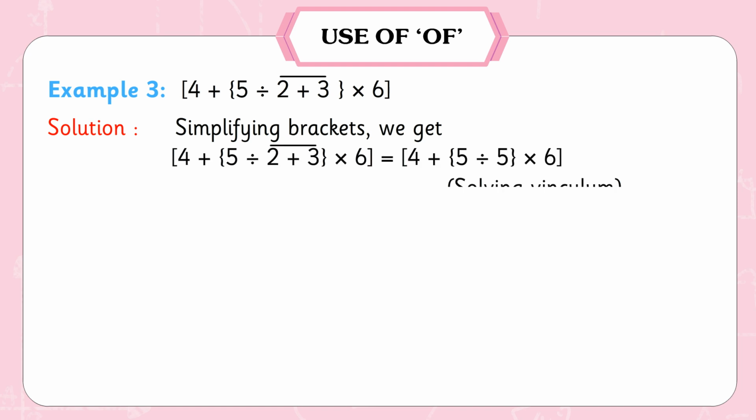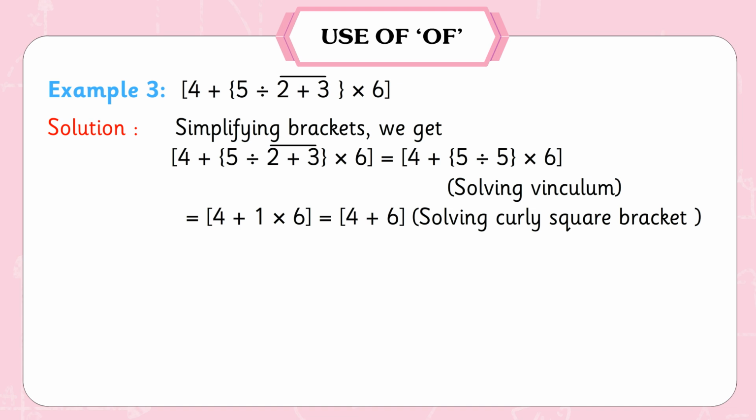Simplifying brackets, we get [4 + {5 ÷ 5} × 6]. Solving vinculum, [4 + 1 × 6] = [4 + 6]. Solving the square bracket, 10.